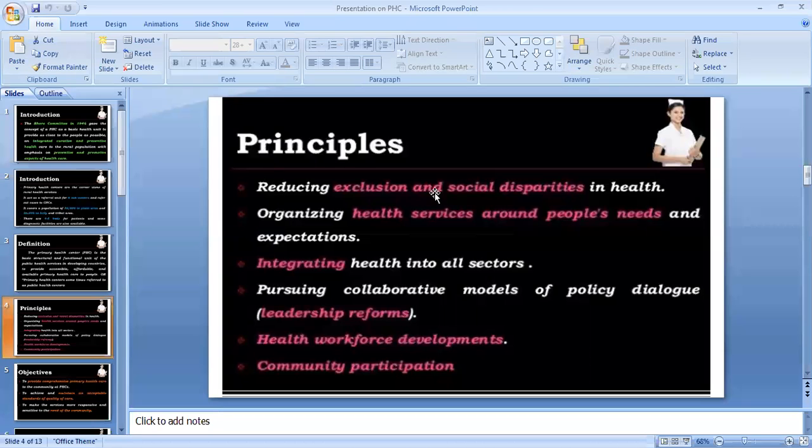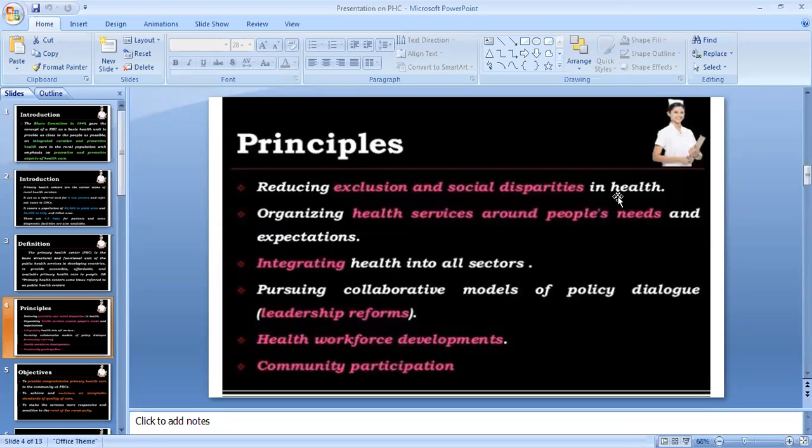The principles are reducing exclusion and social disparities in health, and organizing health services around people's needs and expectations. Here, they always try to reduce disparities in health, which means, as we mentioned in one class, providing care without regard to ritual, caste and so on.